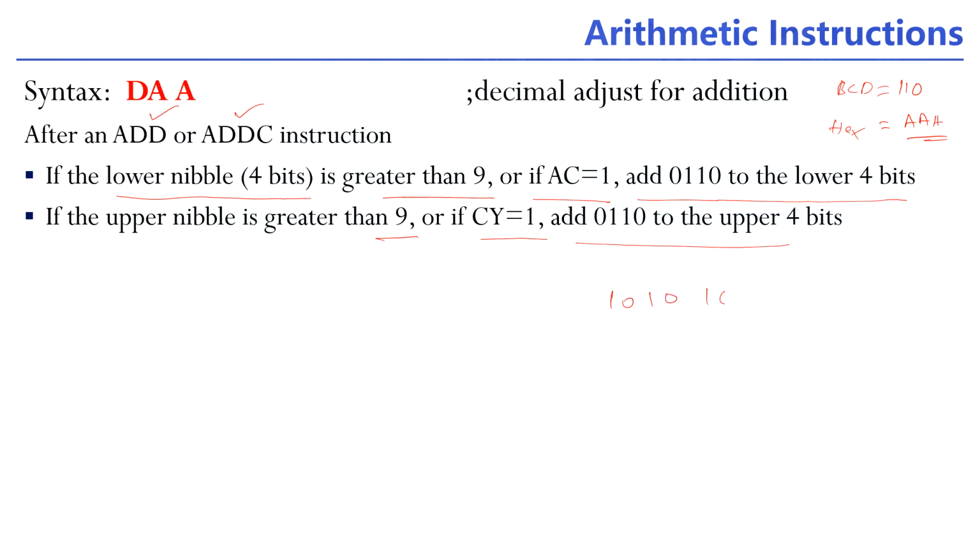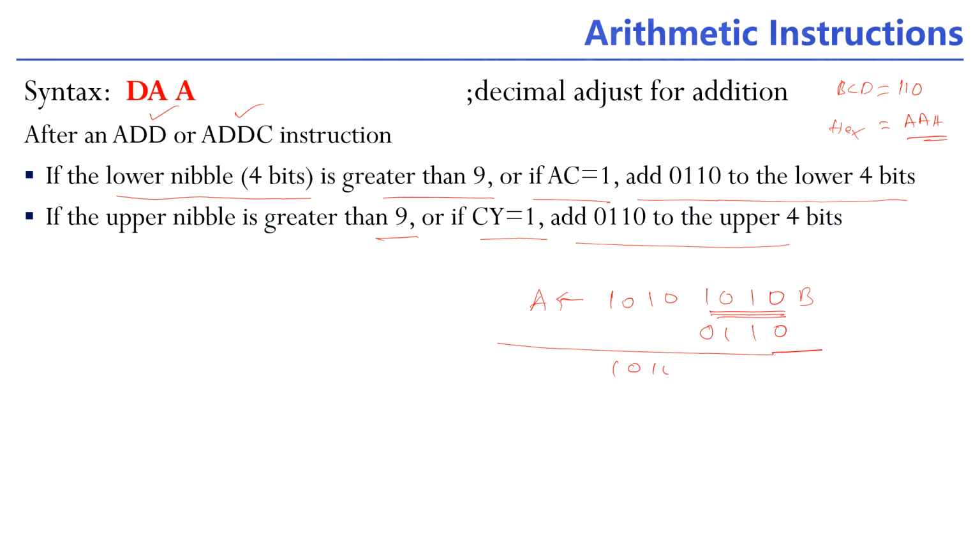So our result is now 1010 1010 in binary format. This is available in accumulator. First this DA instruction checks the lower 4 bits. The lower 4 bits are greater than 9, so it will add 0110 to lower 4 bits only.